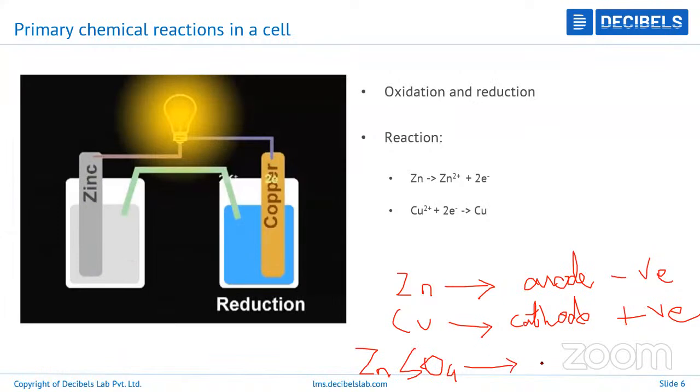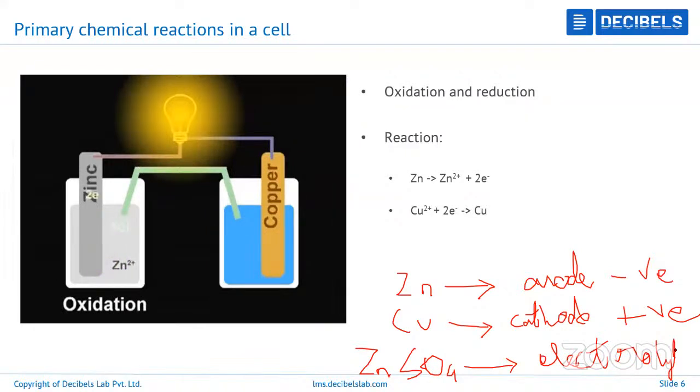Okay, so this will be your electrolyte. Okay, so your electrolyte will be basically a salt solution or some sort of a fluid solution which will be filled for both the anode and the cathode material. Okay, and they're kept individually in two separate containers connected by what is called a salt bridge. Okay, so this is a salt bridge.